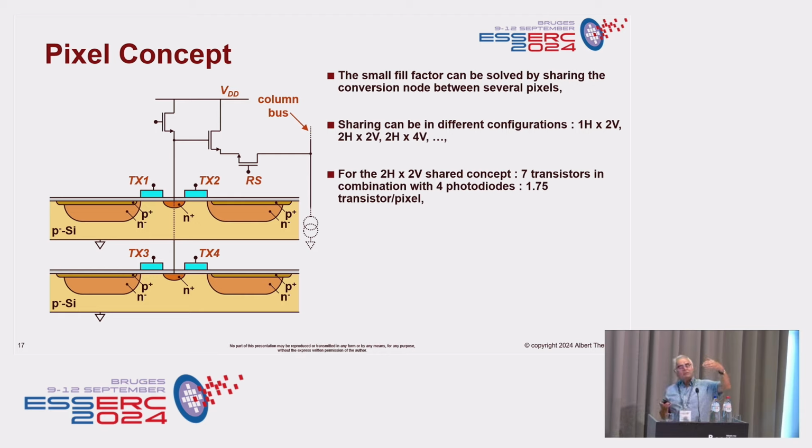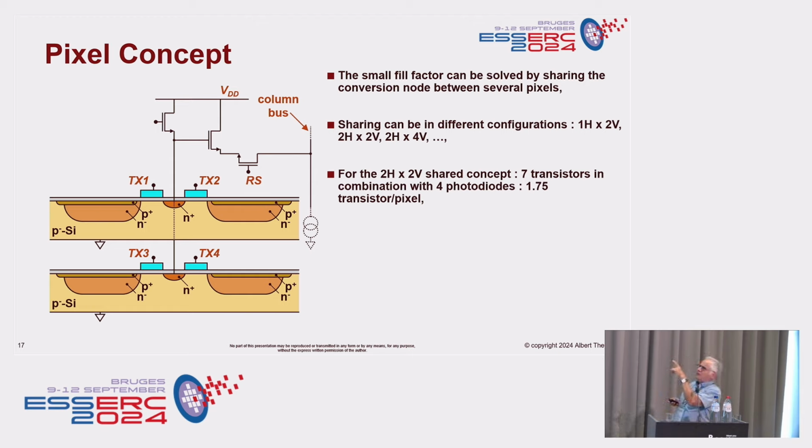And you can go even a step further. You can go even to, let's say, 8 photodiodes sharing the readout circuitry. This is a widely used concept these days, the sharing, especially in the case that you go to pixels smaller than 2 by 2 micrometer. Just before, without sharing, we had 4 transistors for every pixel.